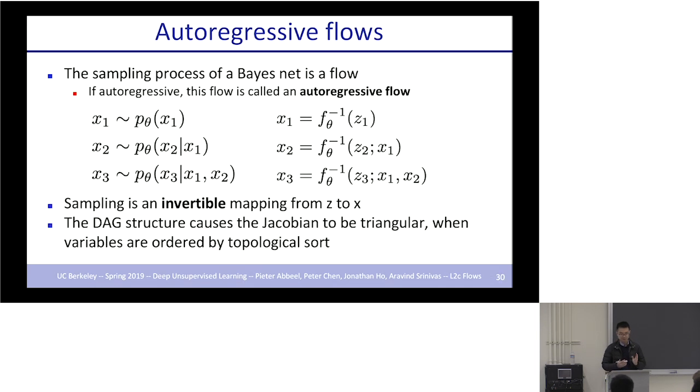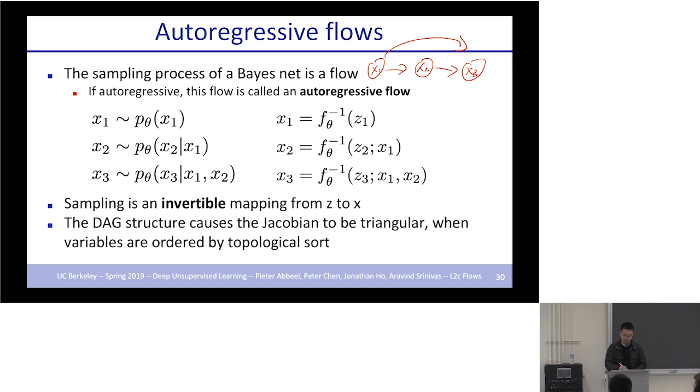The first one is just autoregressive flow, which means we have an autoregressive Bayesian network structure. Let's just draw it. Let's say we have x1, x2, x3. So x2 depends on x1, x3 depends on x2, but also depends on x1. That's basically all it says.